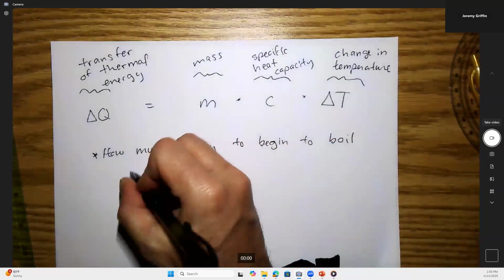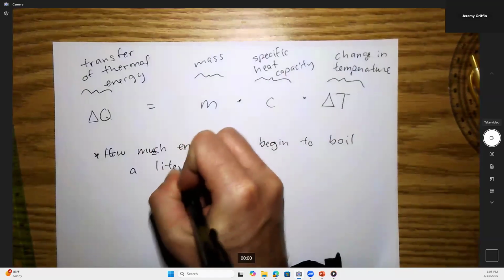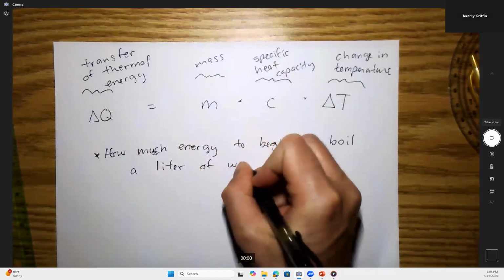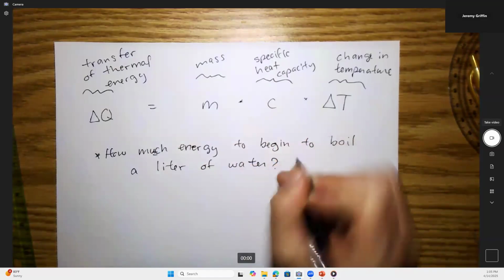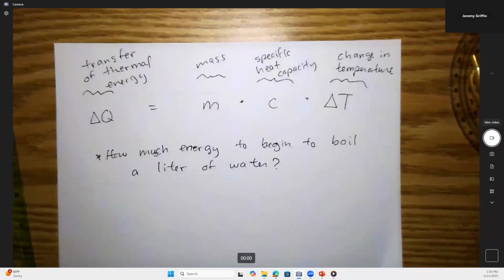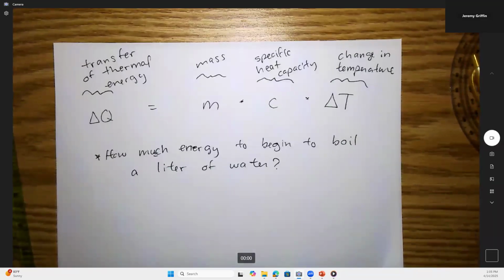To begin to boil a liter of water. All right, let you guys catch up right there. Everybody good so far?